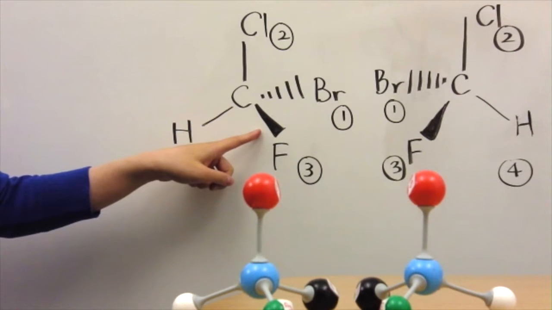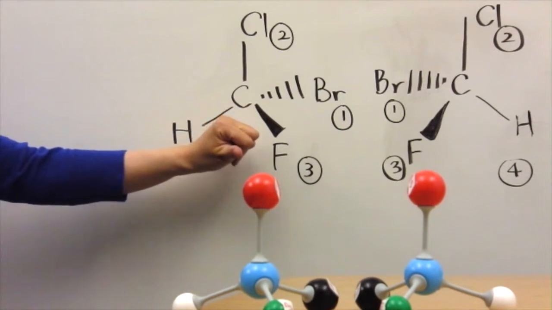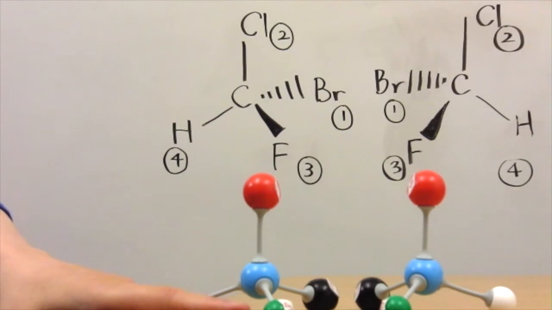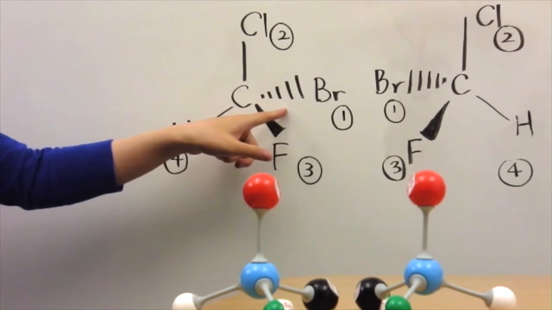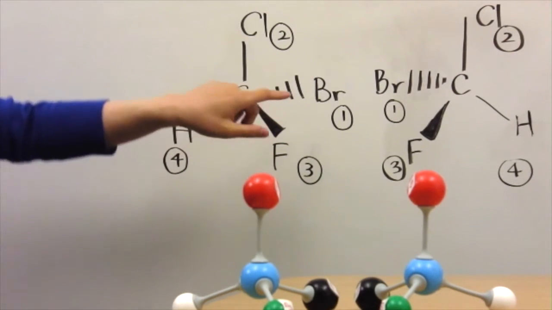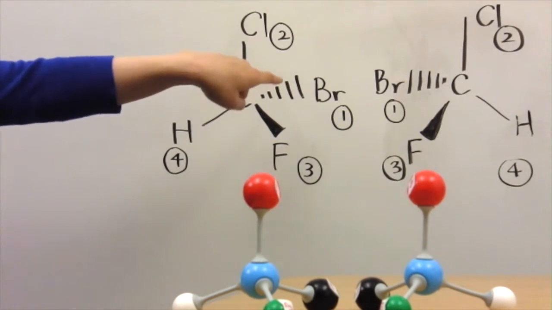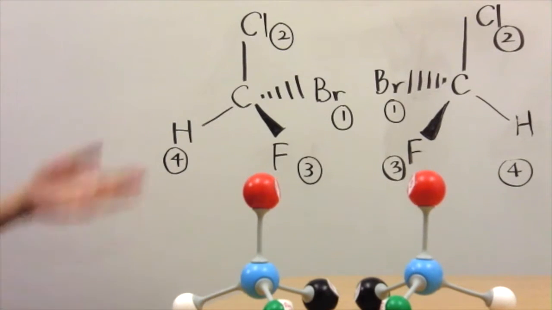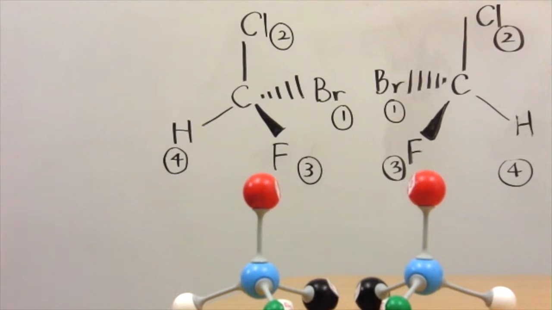This black wedge here means that this functional group is pointing toward us, just like this one. This dash means that this functional group is pointing away from us inside this board, just like this black one. So this one is a representation of this molecule.